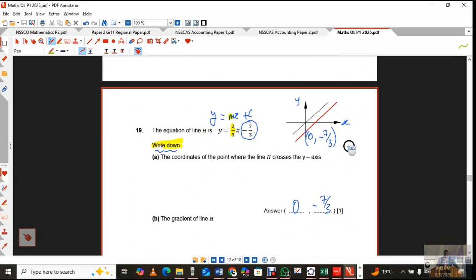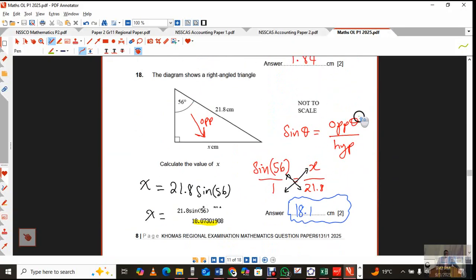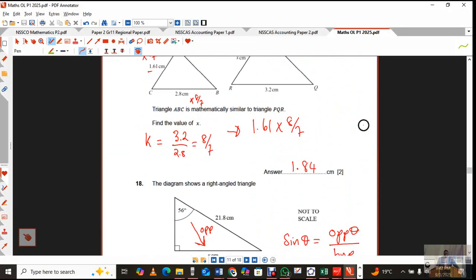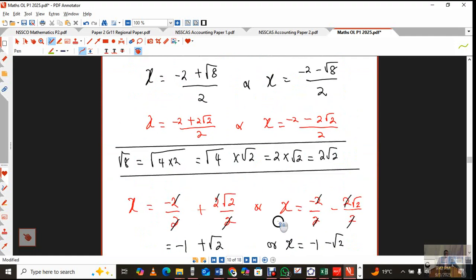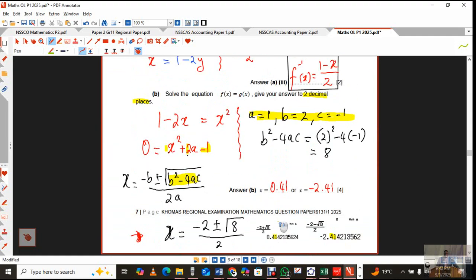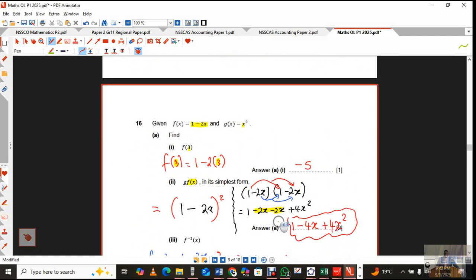I have also posted the solutions to the past exam question papers, so I expect you to make use of them as you prepare for your upcoming examination. I kind of like this paper. It was well set and had everything you needed to know to prepare for the end of year examination. It was quite a nice paper.